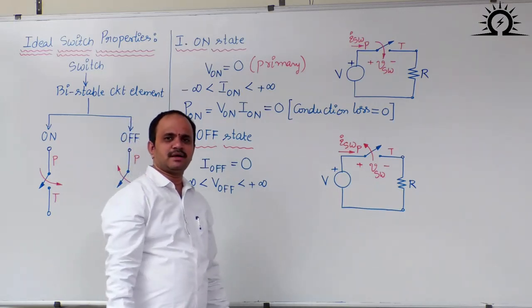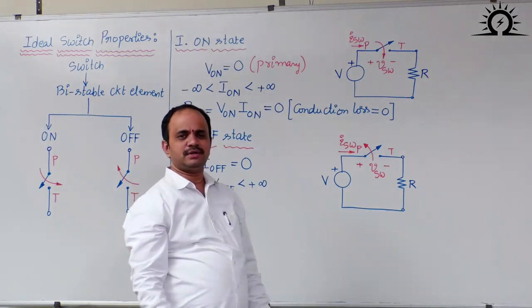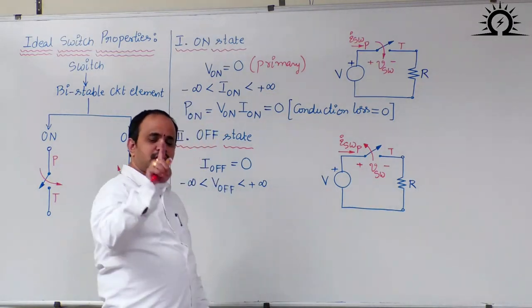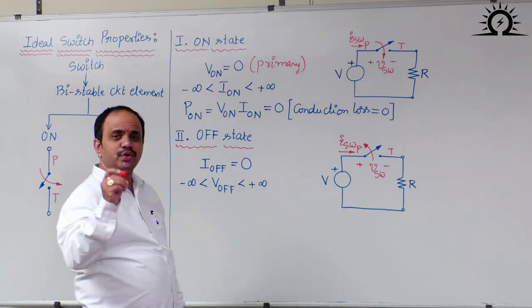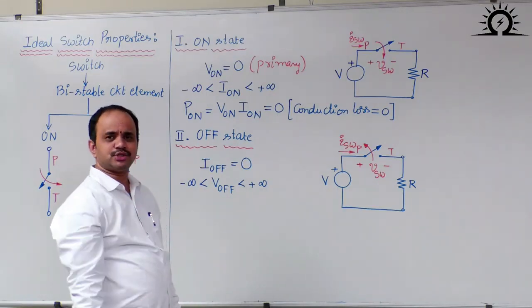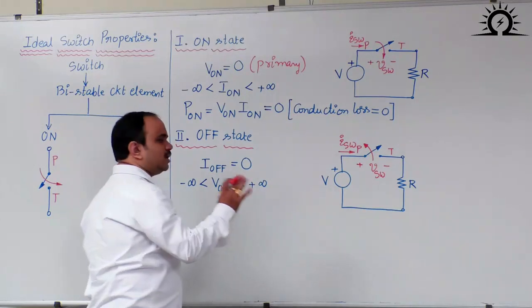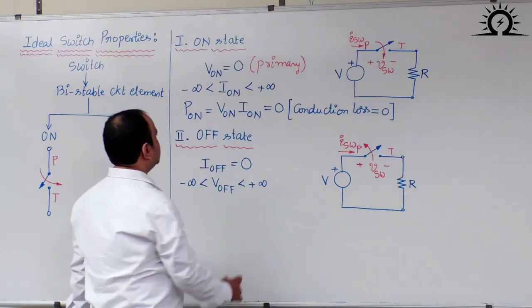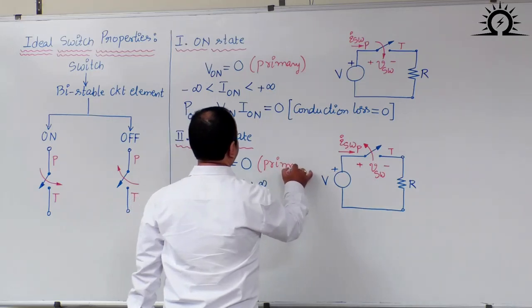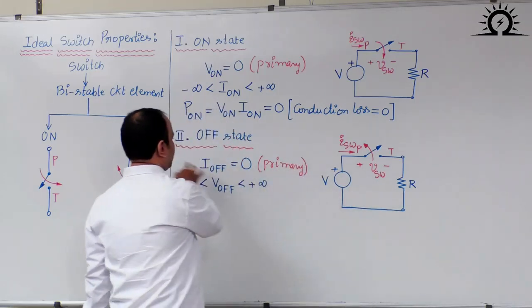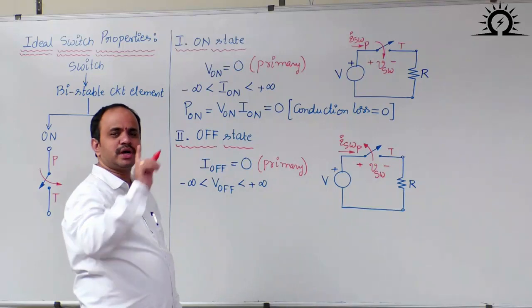Third switch is blocking 500 volt, carrying 0 current. What is common in these? 0 current. So whenever you notice 0 current in the switch, we need not worry about the voltage. Therefore, off state property is primarily decided by looking at 0 current.